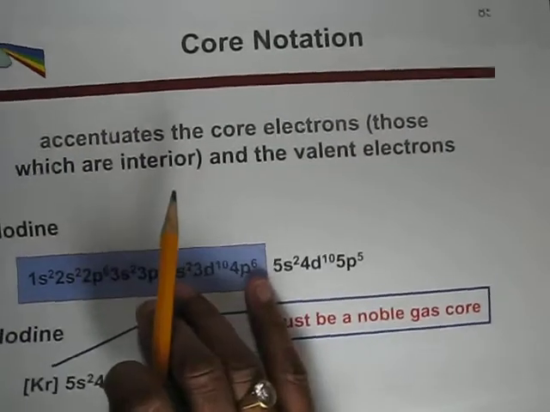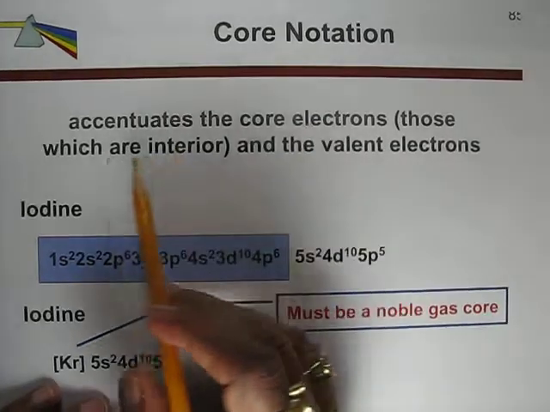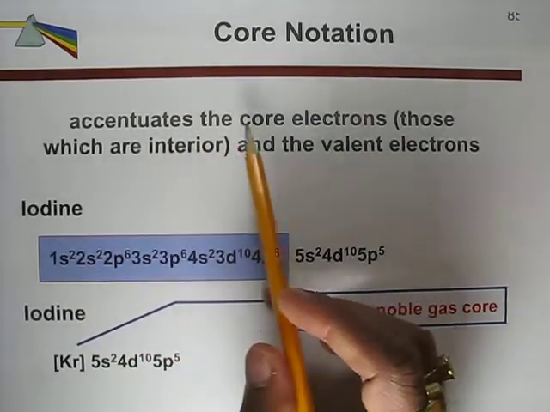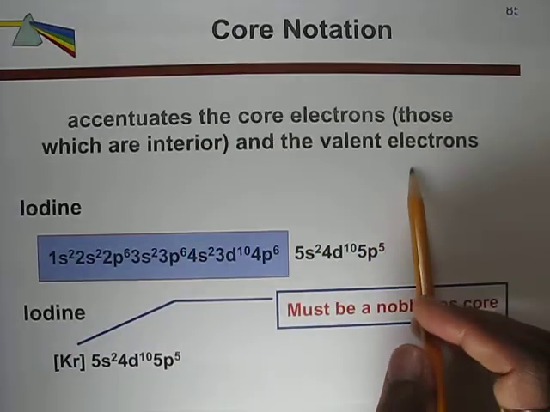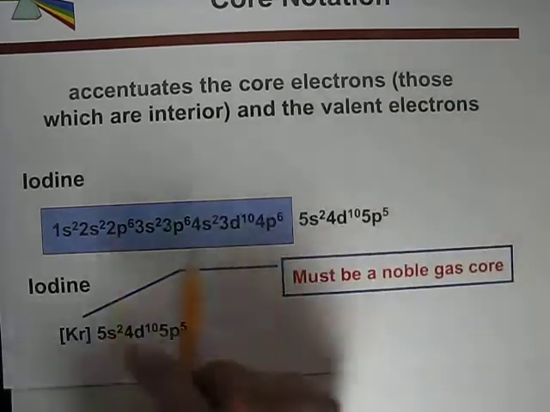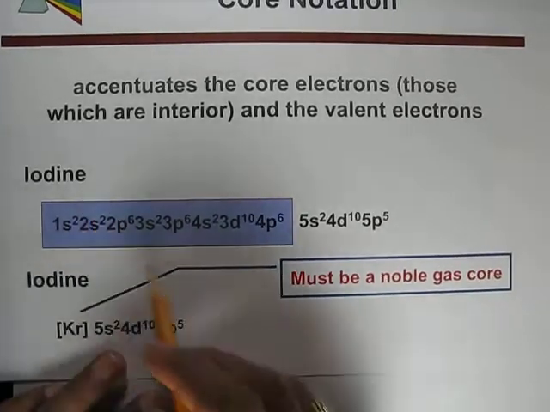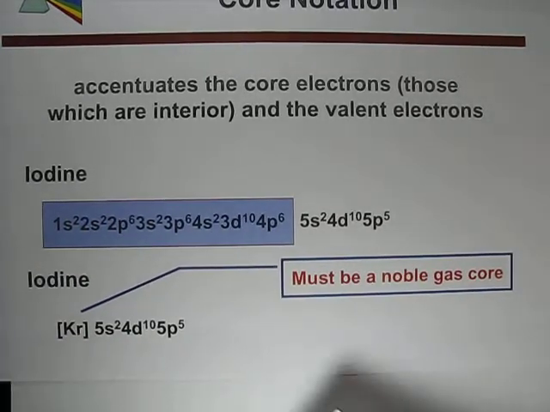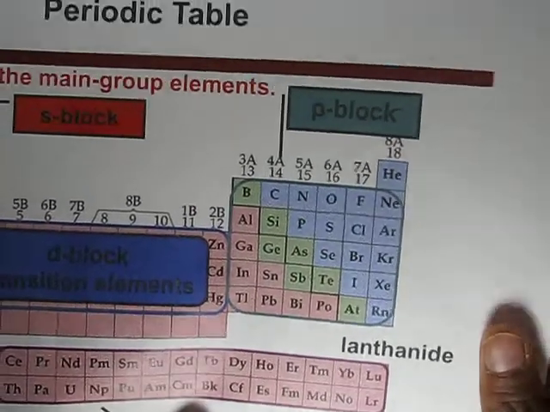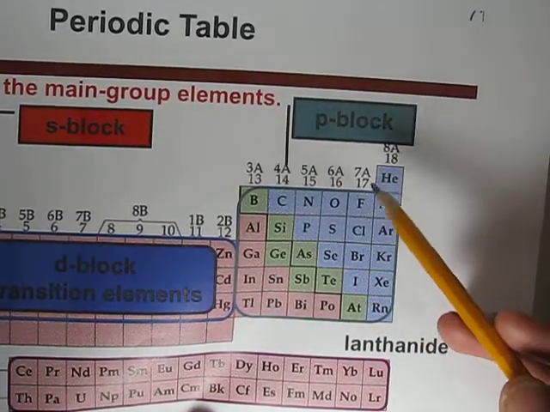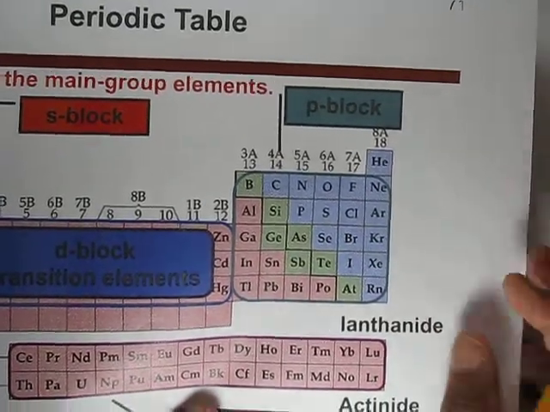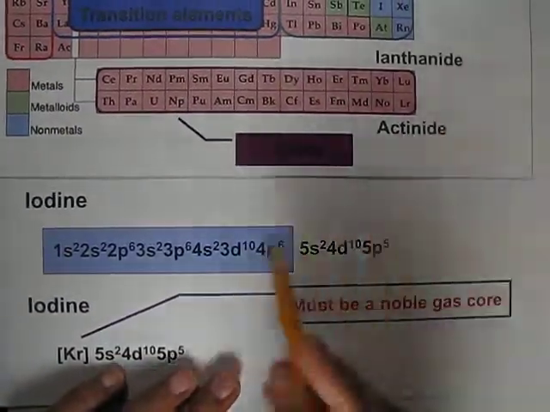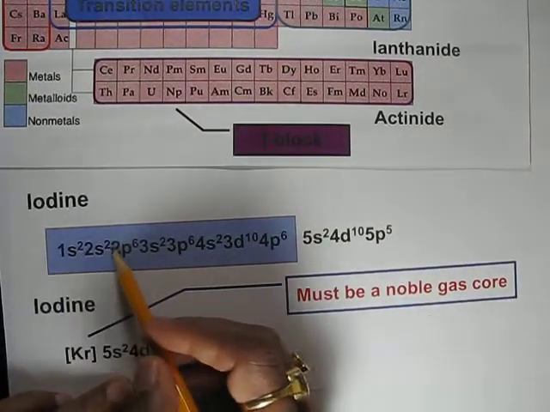So next is the core notation. Core notation means those which are the interior and the valence electrons. For example, if we write the electronic configuration of iodine, you can see it's in the valence shell, in the p block. This is called a halogen. So if you write the electronic configuration of iodine, it will be like 1s2 2s2 2p6.